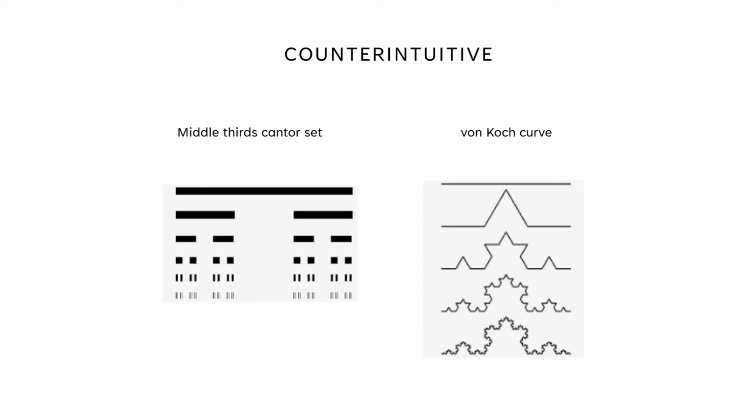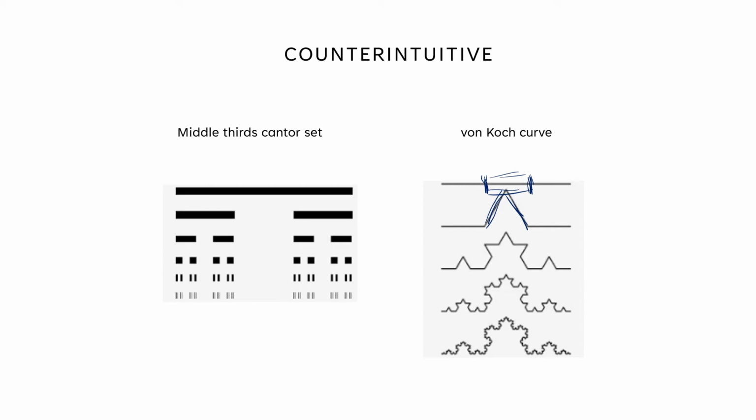So when you start breaking it down, when you take this initial point or initial line, you break it into three pieces, and you're going to remove that middle piece, and then you're going to put two pieces in its place.